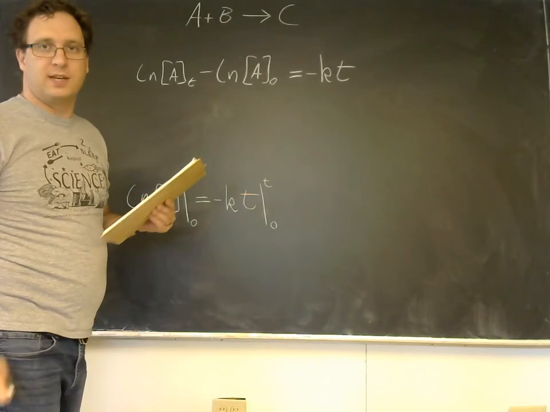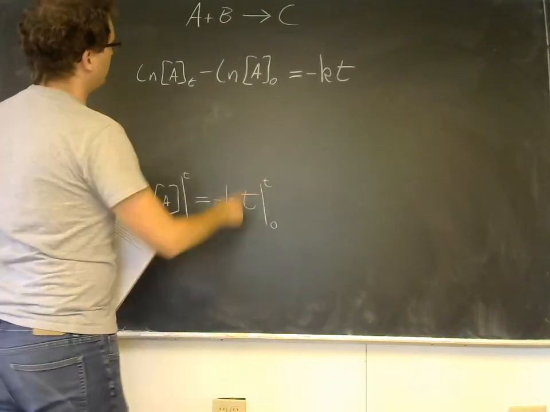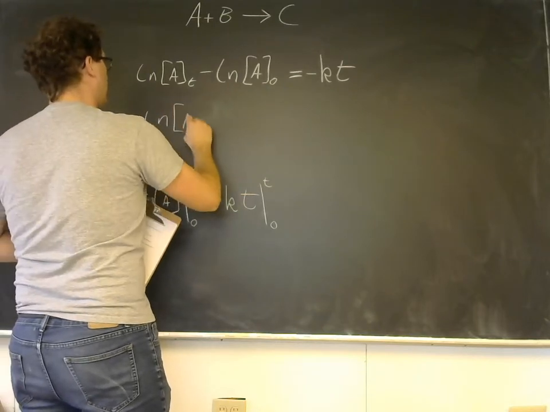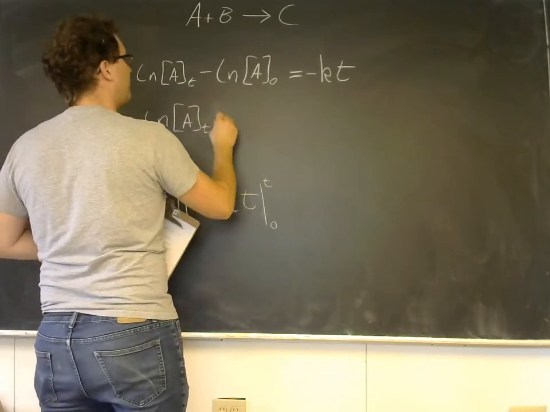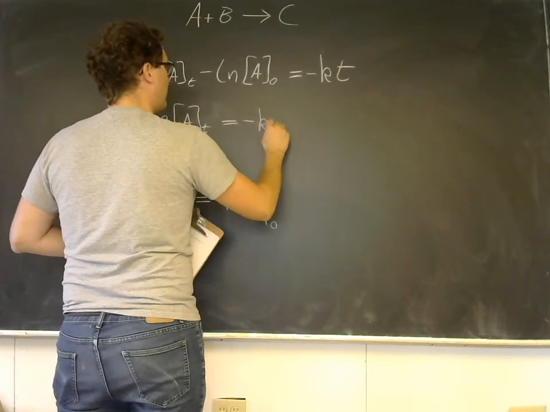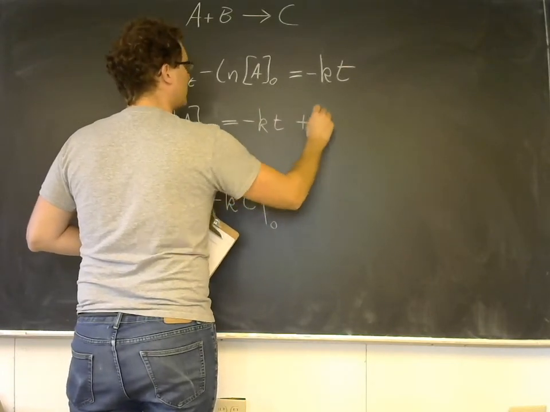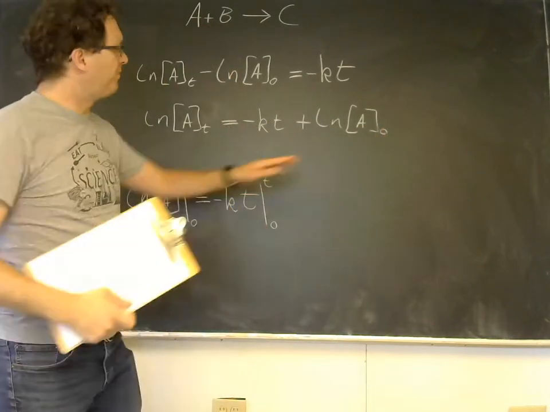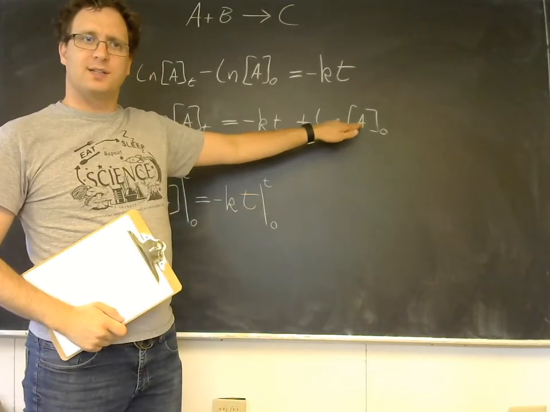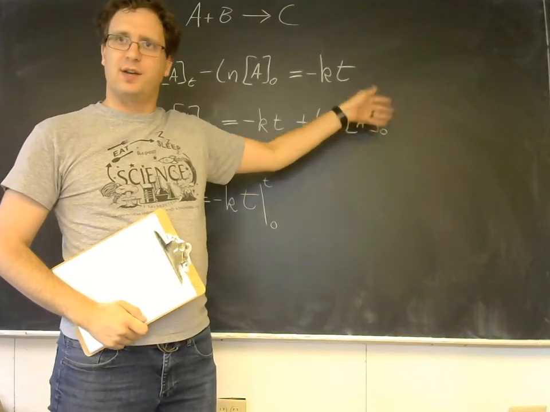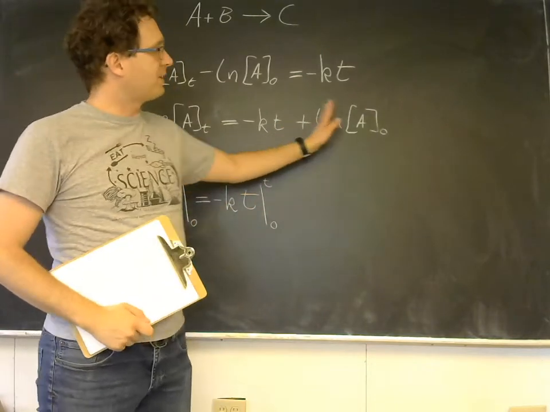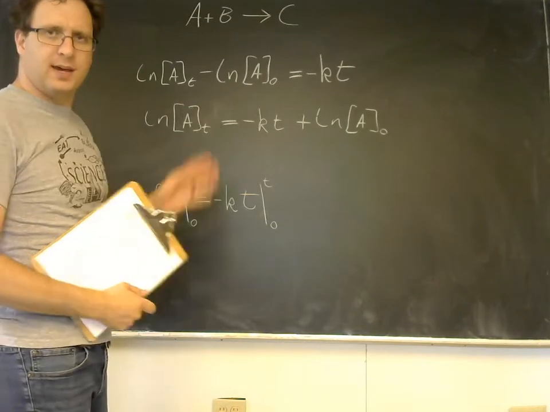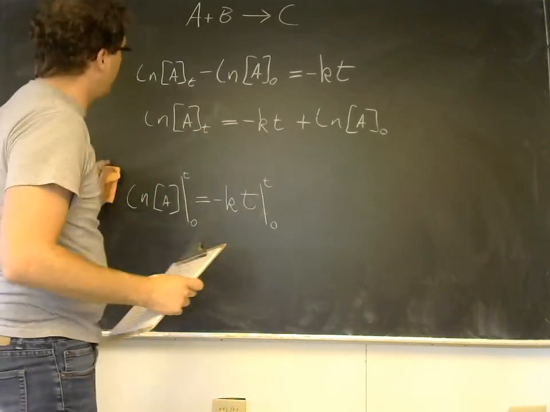So this is the form of the integrated rate law. Oftentimes we'll move this over to the other side, so you'll have the natural log of [A]t is equal to negative kt plus the natural log of [A]0. And that's a constant, just your initial concentration, take its natural log, and so this is a constant. And when you write it like this, it actually becomes a linear form.